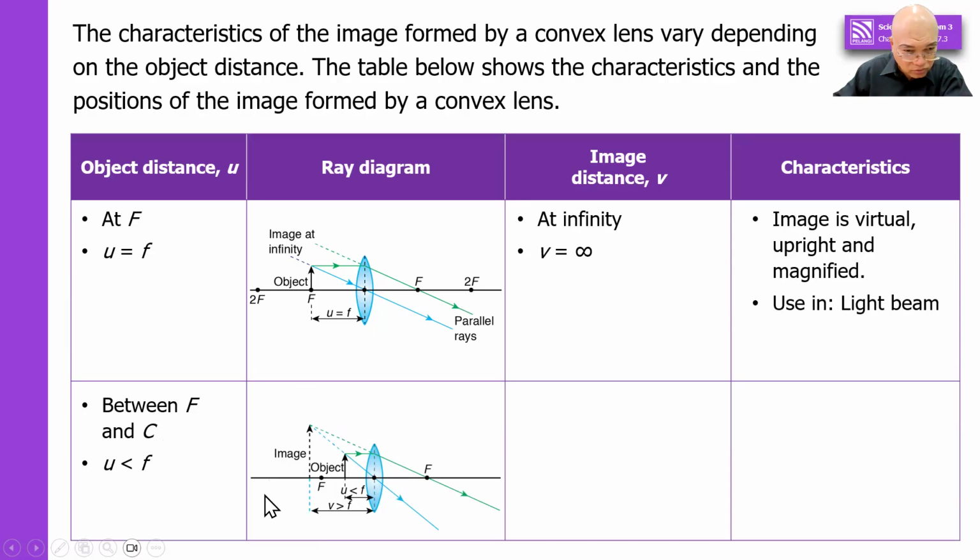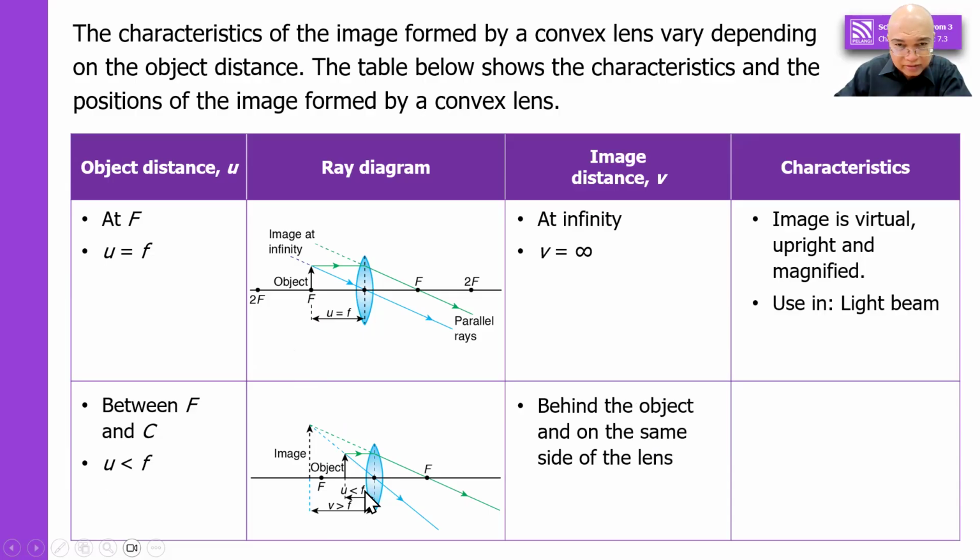And so, look at this is the one. All right, less than F. U, or we call the object distance less than F, this one, right? And then the image distance is behind the object and on the same side of the lens.